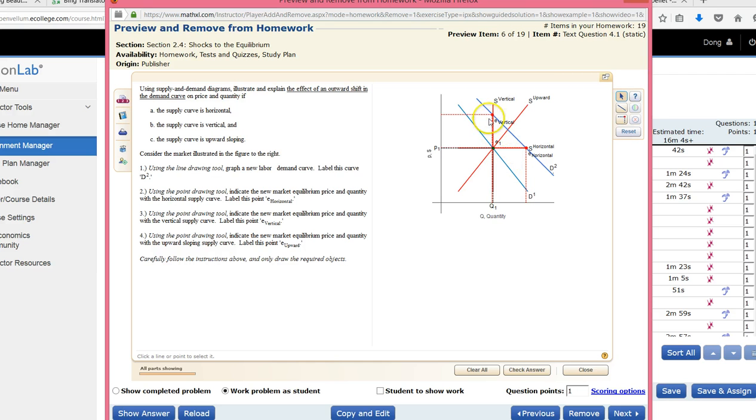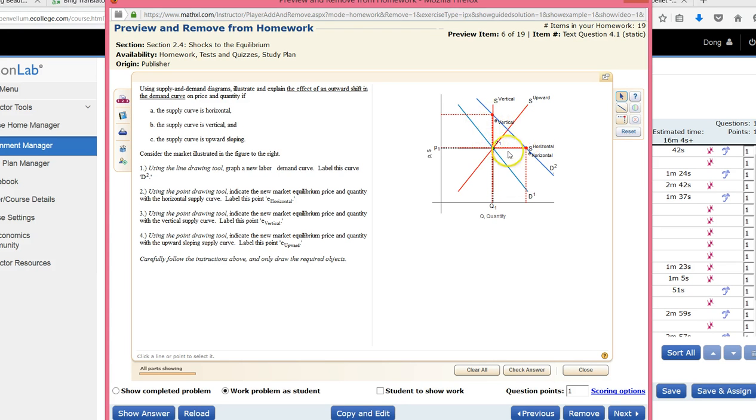Again, before we move on, comparing this new equilibrium: the original equilibrium for all three different shapes of the supply curves is the same, it's E1. And now the new equilibrium point when the supply is vertical, E vertical, is right here, but the new equilibrium point when the supply is horizontal is here.